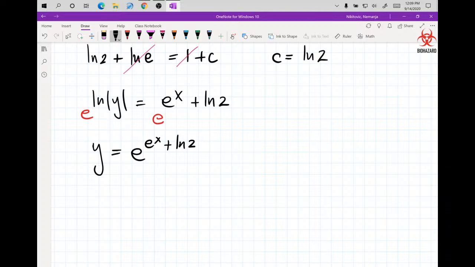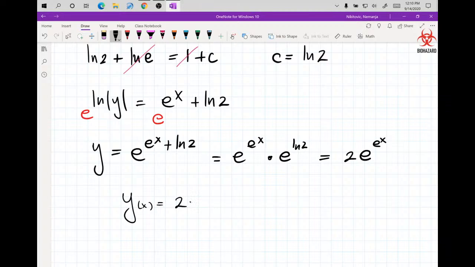Now, the plus over here can be broken into e to the x times e to the ln 2, which gives us 2e to e to the x. So if I did all of this correctly, you get 2e to e to the x. And this is a particular solution. There's no c in it, as you can see, right? We calculated everything.